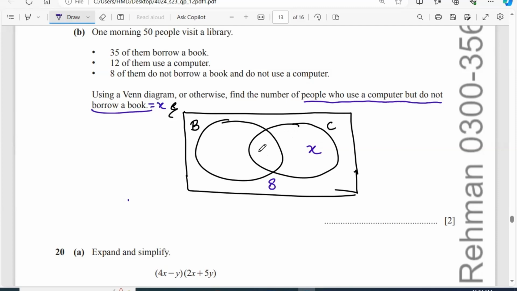Now the complete circle for computer is 12. It means the complete circle is 12, so we have to find this part. What is the part here? Question mark plus X equals 12 for computer. So question mark will be 12 minus X. I'm going to write 12 minus X.